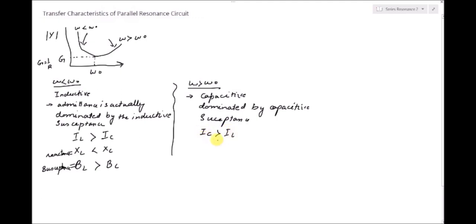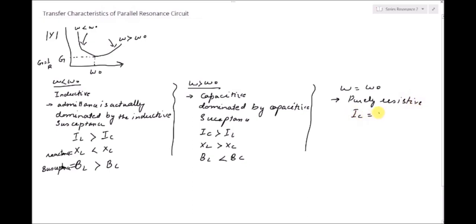So the current through the capacitor is greater than the current through the inductor, because XL is greater than XC and BL is smaller than BC. And at omega equal to omega naught, the circuit is purely resistive. IC is actually equal to IL, they cancel out, and the source current is equal to IG, the current that is passing through the conductance.